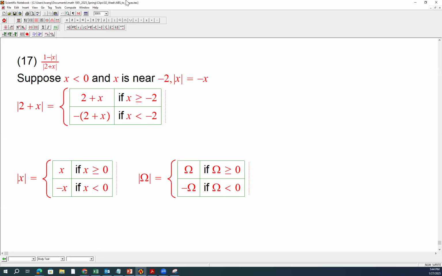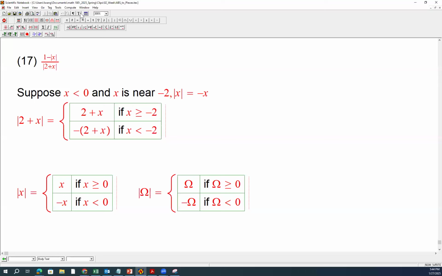Domain, be aware. Domain is x cannot be equal to -2. So x is in a small neighborhood of -2, but negative. Okay, so under the circumstances, we got this for 2 plus x.